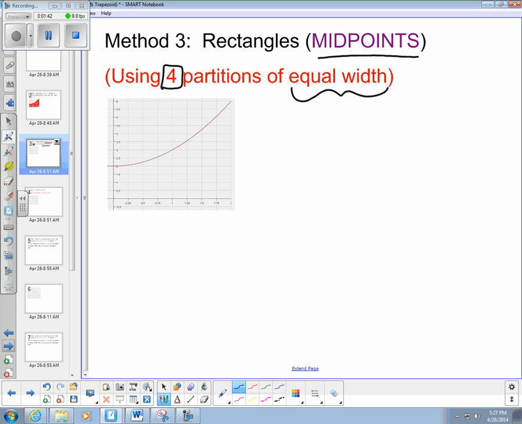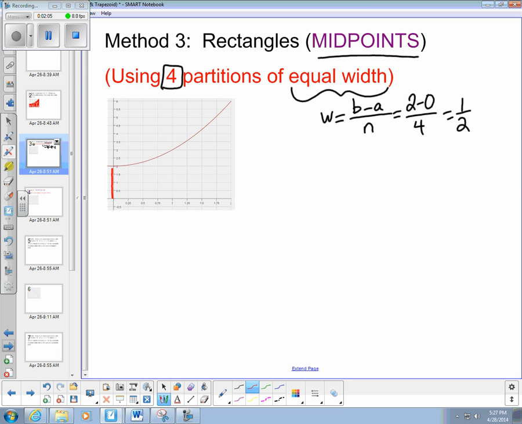Okay, so if I'm using partitions of equal width, remember to figure out what the width should be, I can take my x values, the starting and ending x values, and divide by the number of partitions. So in this problem, that would be 2 minus 0 divided by 4, giving me a width of a half. So I'm going to draw a line at all the halves.